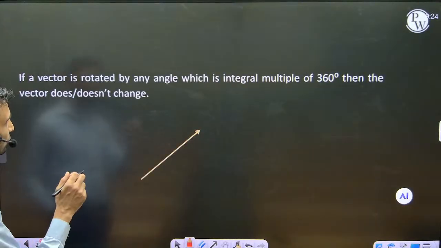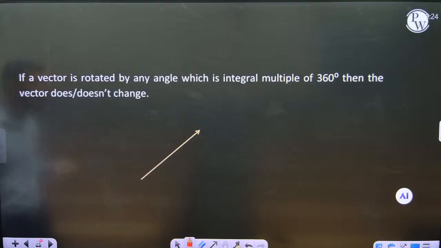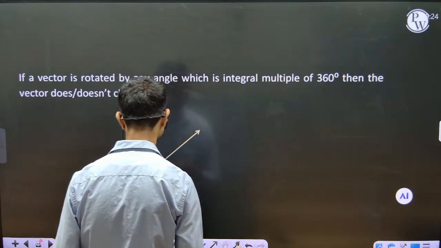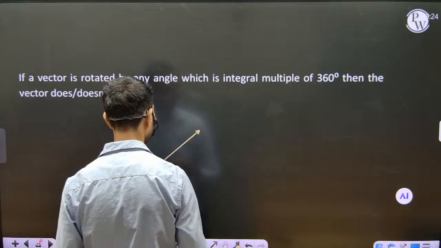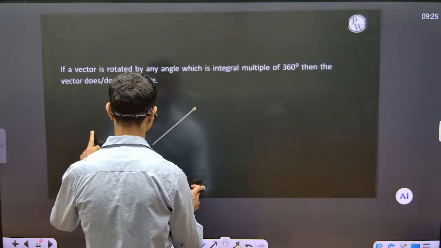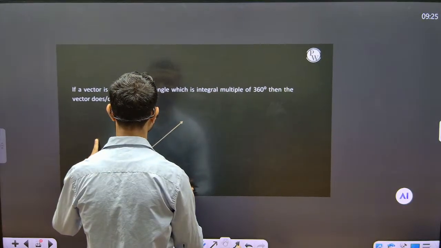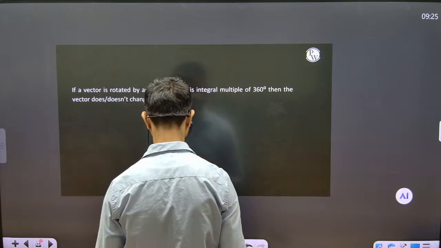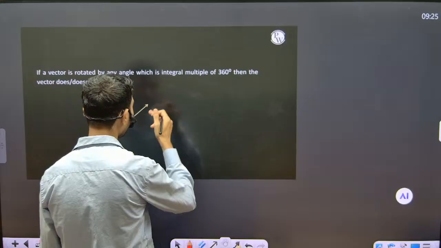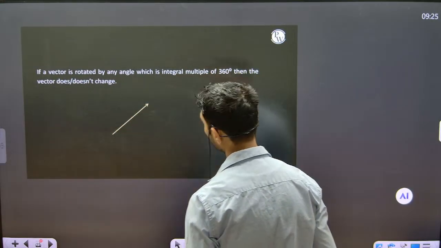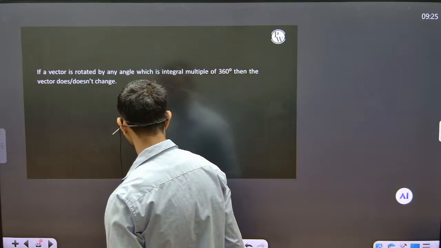If a vector is rotated by any angle which is an integral multiple of 360 degrees, then does the vector remain same or not? Let us say that you have a vector and it is rotated by an integral multiple of 360 degrees, then the vector changes or does it remain same?